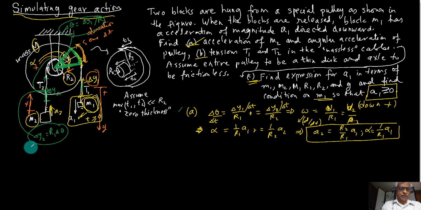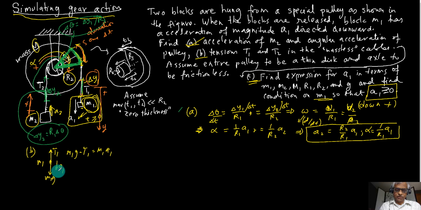So for B, I look at this M1, and you have a tension T1, M1G is this way, and the acceleration A1 is that way. So this is a very simple equation. The M1G must be bigger than T1 by this amount. So M1G minus T1 equals M1A1.